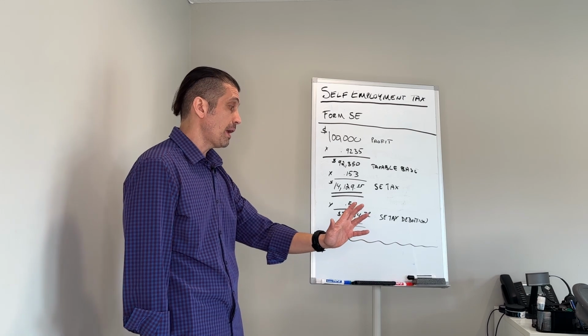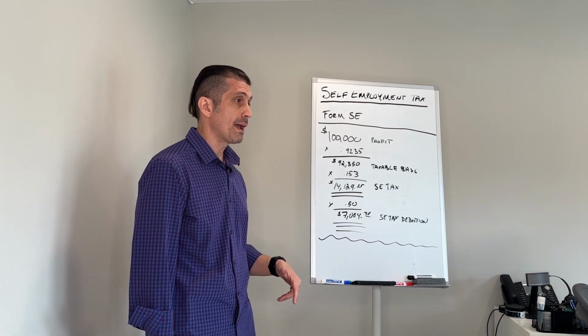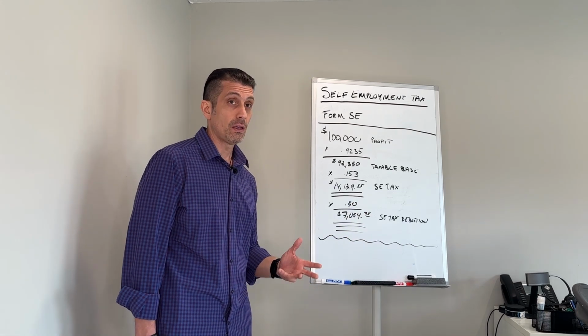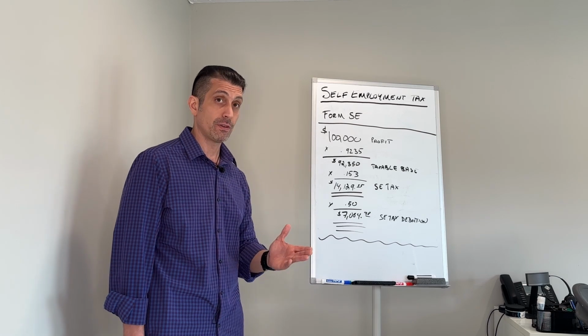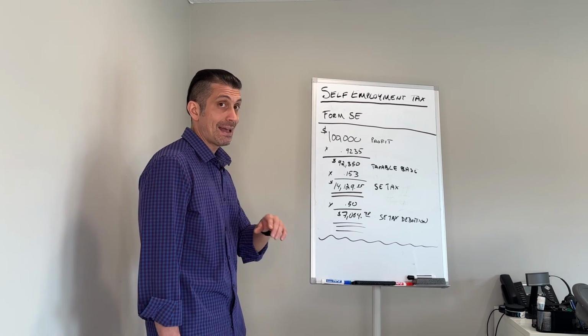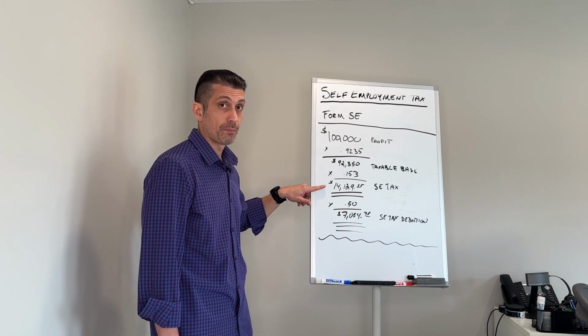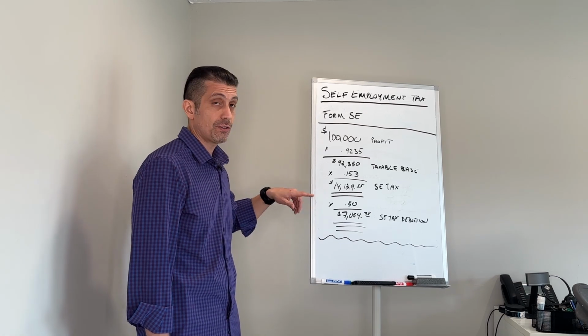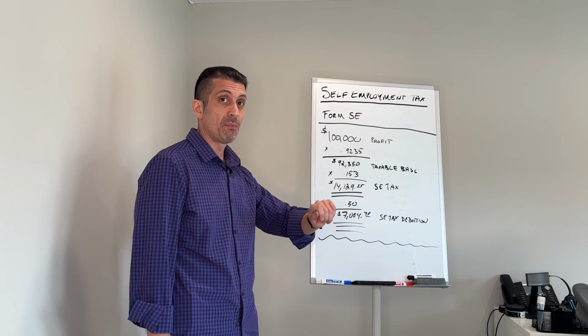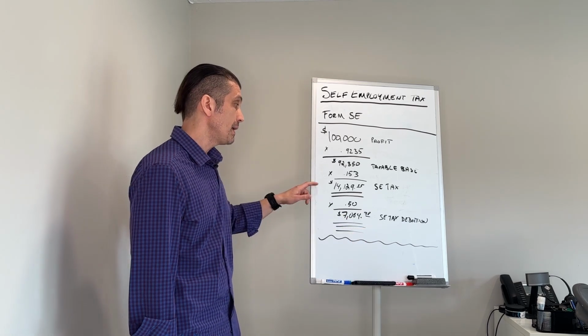So if you're, let's say, in a 22% tax bracket and your income tax is, I don't know, let's just say $10,000, you would have to add that $10,000 of income tax to your self-employment tax. This is what's actually going to leave the bank when you're paying Uncle Sam. So yeah, that's quite a bit of money.